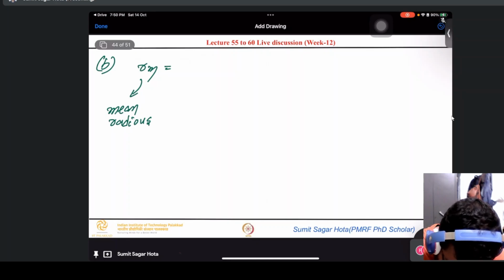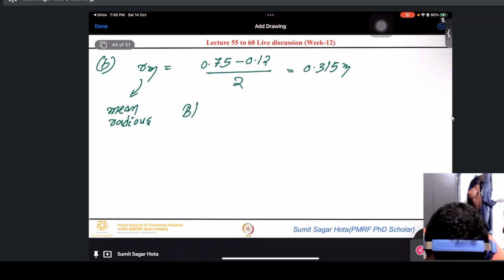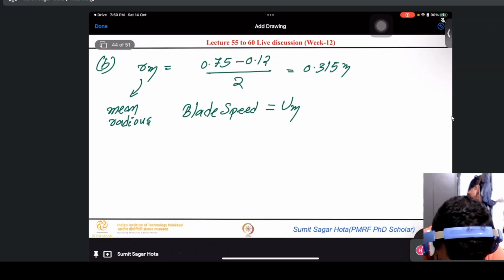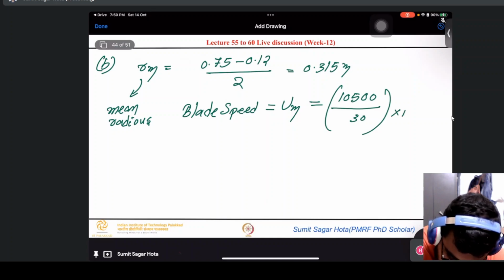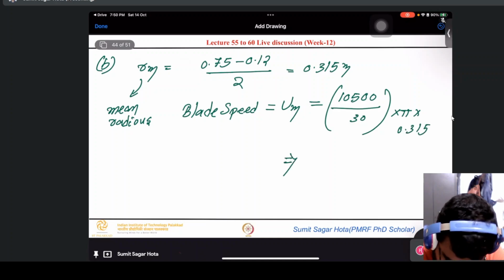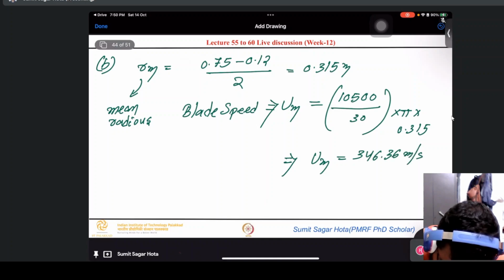How to calculate Rm? 0.75 minus 0.12, that gives 0.315 meter. Rotor speed: omega is equal to 2 pi N by 60, 2 pi into 10,500 by 60, which is 1100 radian per second.